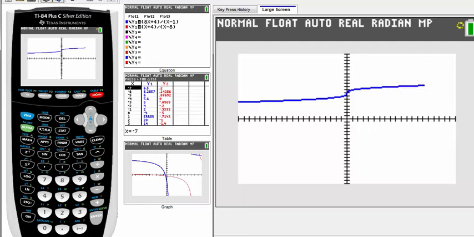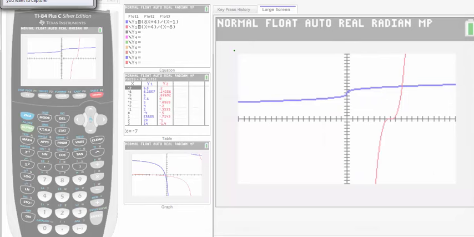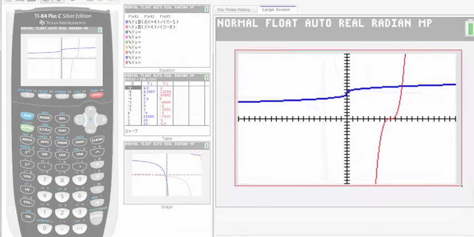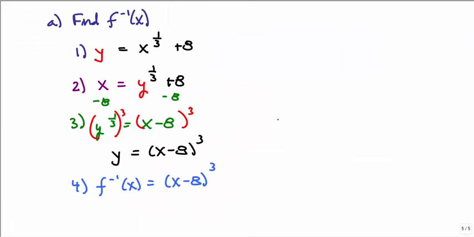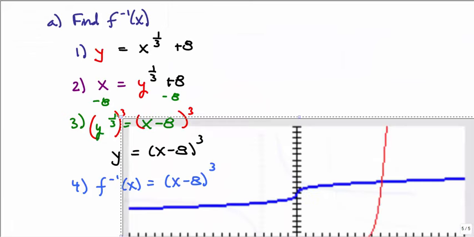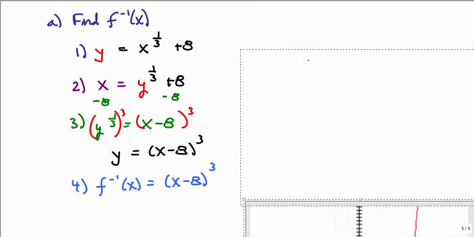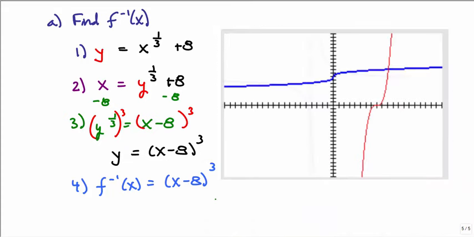So there is the first function, f of x, and then it should reflect around the y equals x line. And it looks like it does. So let's go ahead and take a screenshot of that piece and then talk about how we can choose the correct graph given in MyMathLab. So what we have here is my f of x function.